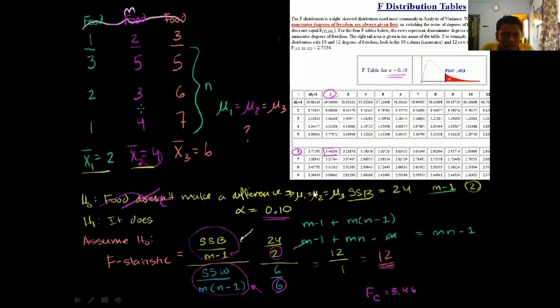So mu1 is equal to mu2 is equal to mu3. These mu values represent the population means. That means the vaccine has no effect, because in all the groups you are getting the same mean. So the vaccine or the food or the medicine has no effect.